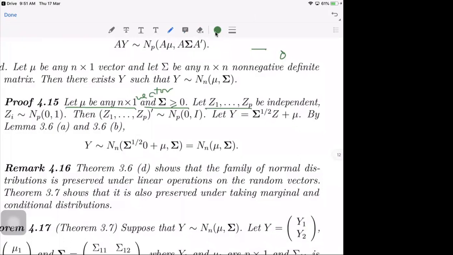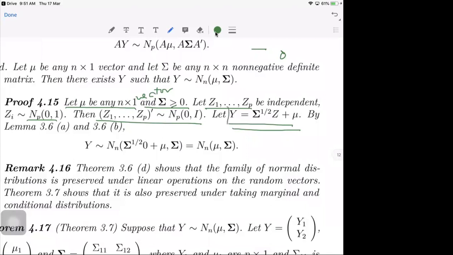Okay, so let Z be independent, standard normal kada isa. Then the vector itself is normal with mean vector 0 and 1. So dinhi na ang existence. You define a y equal to sigma 1/2 z plus mu.